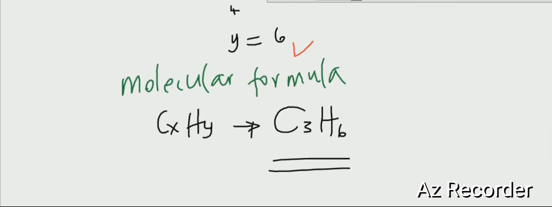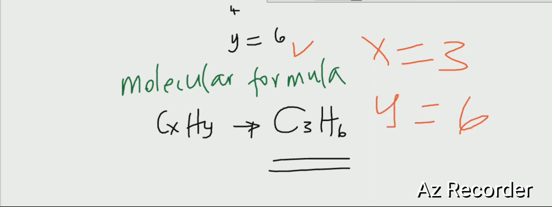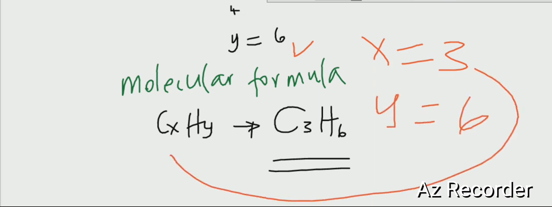After getting 6, bring back our molecular formula, which is CxHy. We are finding the values of x and y to have a complete molecular formula. We have got our x as 3, our y as 6. When you feed an x which is 3 here, and you feed our y which is 6 here, you end up with this.